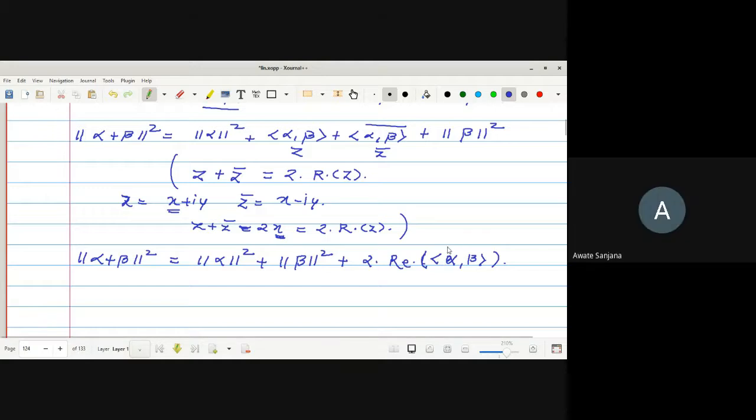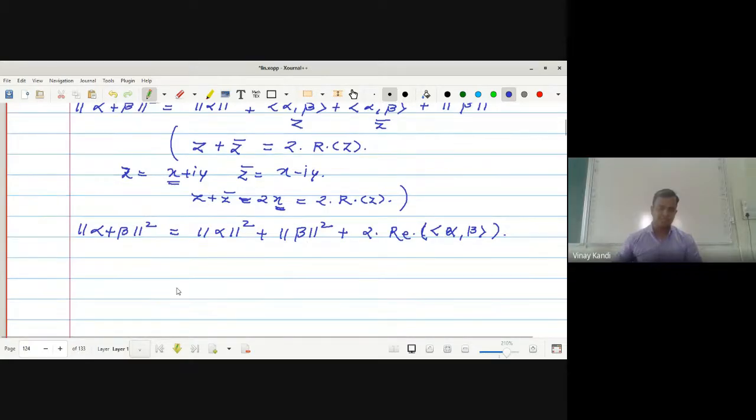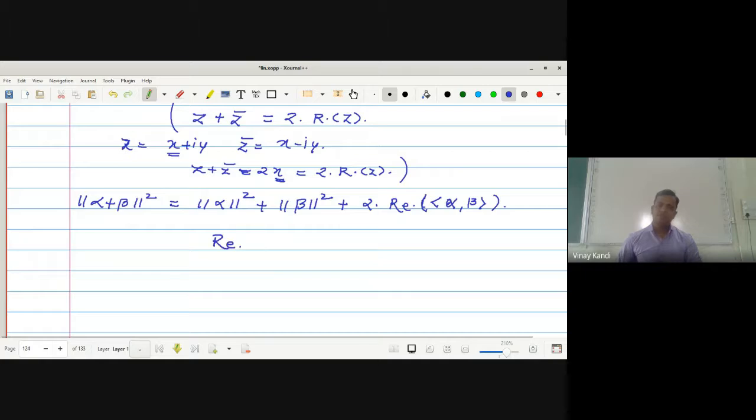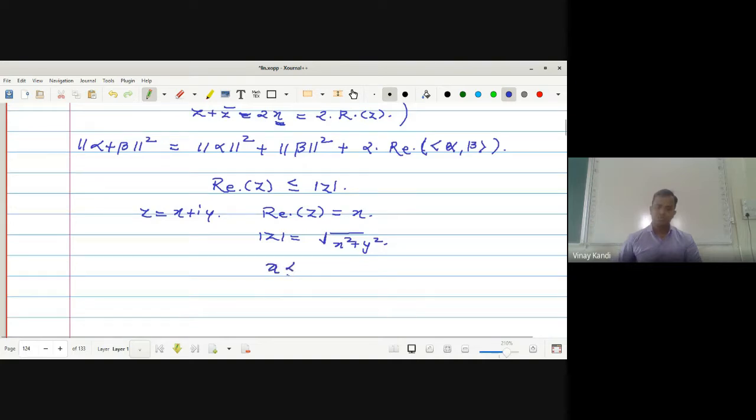Now look here, one more property is there: real part of z is always less than or equal to mod z. How? Suppose z is equal to x plus iy. What is the real part of z? x. What is mod z? Square root of x square plus y square. So x is always less than or equal to the square root of x square plus y square.